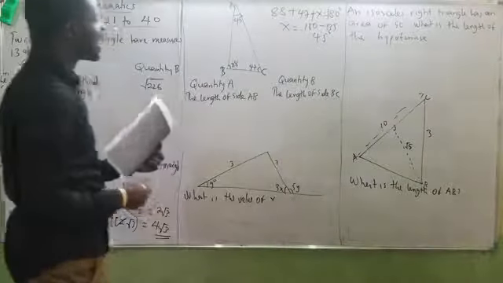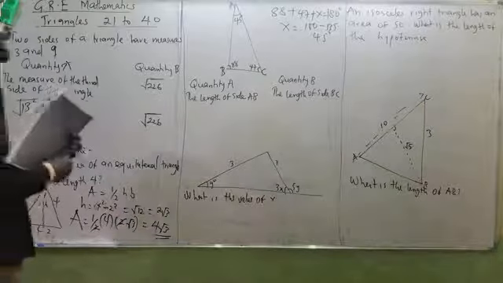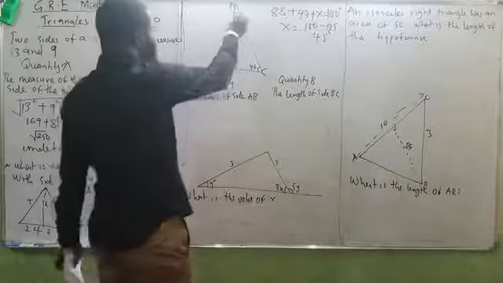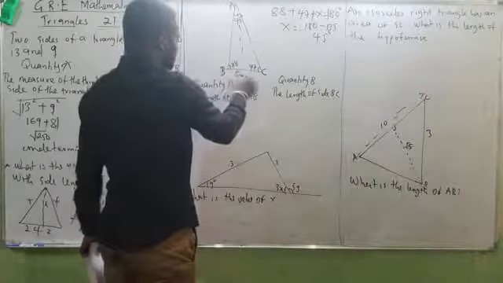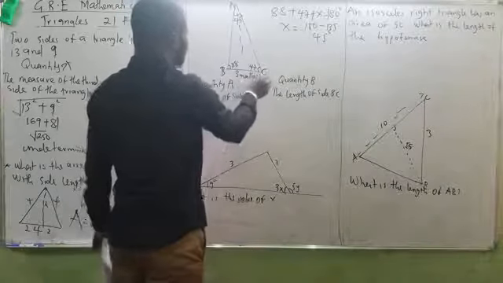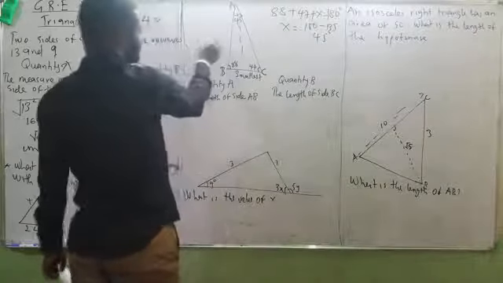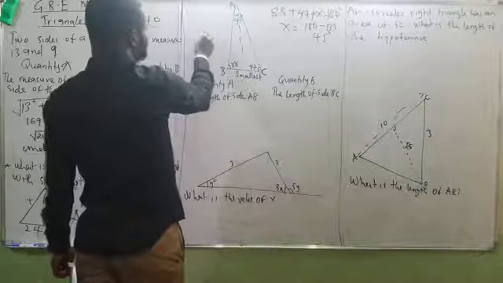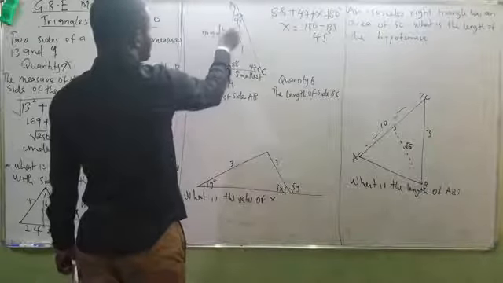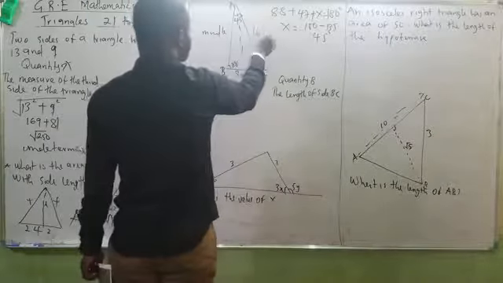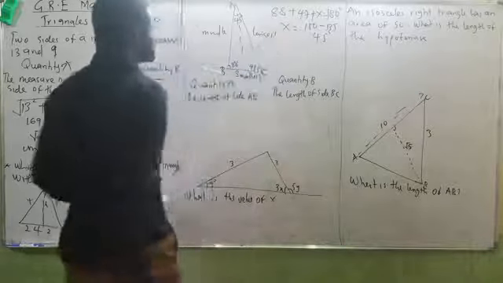Since I have that as 45 degrees, it means here is the smallest, followed by this, the middle, and the largest. That is the largest.